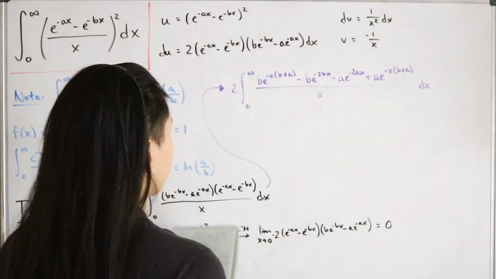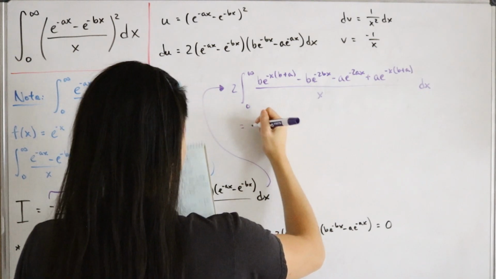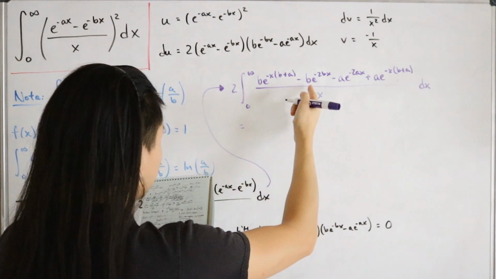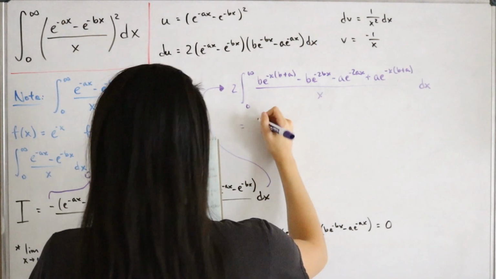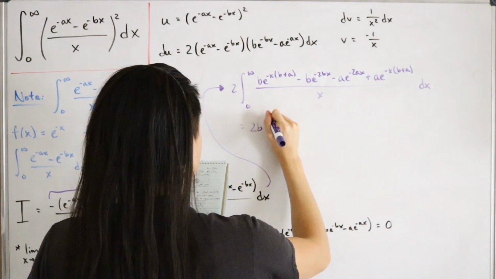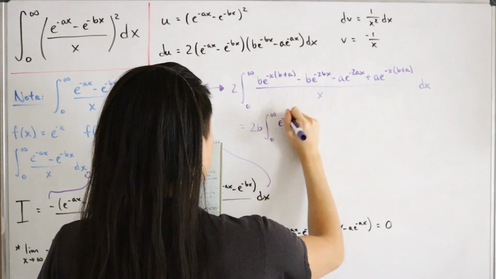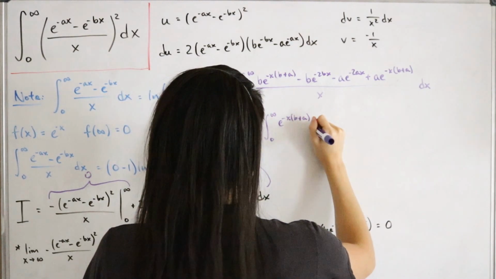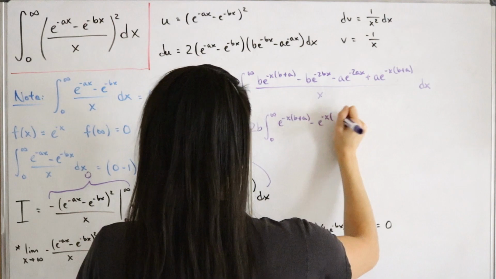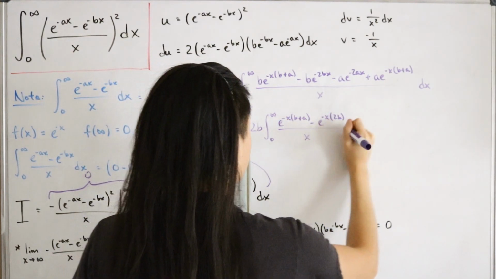Okay, so we can split some things up, applying linearity, of course. Because I'll also factor out the constants b and a after applying that same linearity, we're going to have 2b multiplied by the integral from 0 to infinity of e to the negative x times b plus a, and then subtract e to the negative x times 2b, all this being divided by x and then dx.